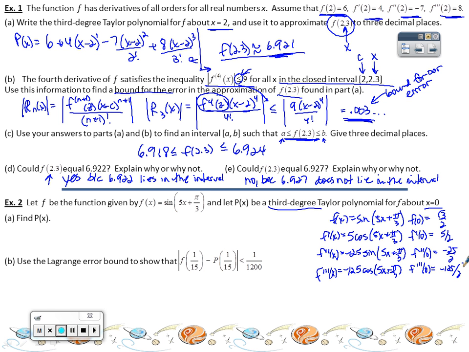Okay, there are our derivatives and our derivative values that we're going to use to create our Taylor polynomial.